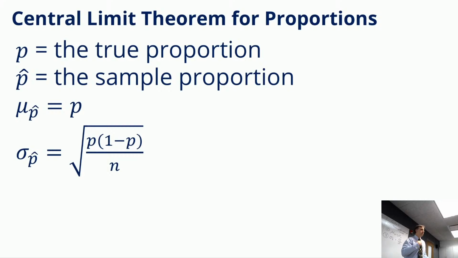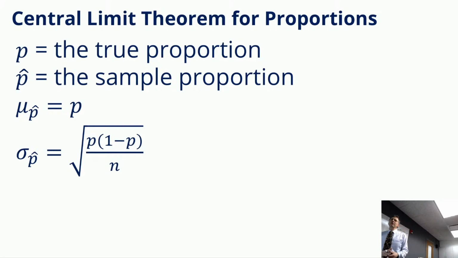So maybe I'd have 50%, and then Nathan has 40%, Jonathan has 55%, and so on. But we take all of those proportions and put them together into a mean. That's the mean of all of the sample proportions, and the mean of all the sample proportions tends to equal the true proportion.